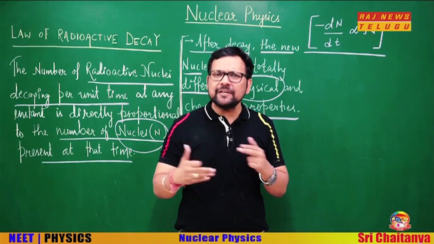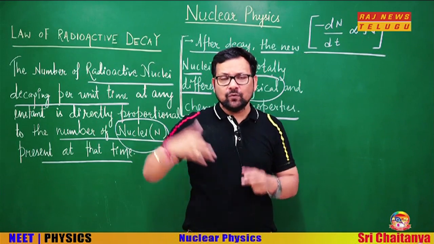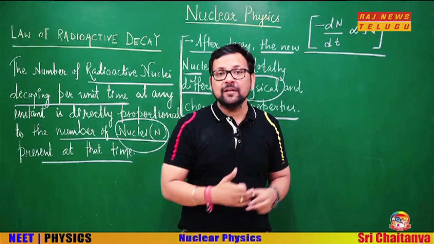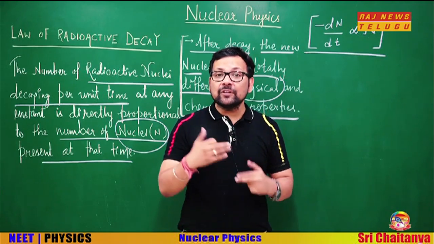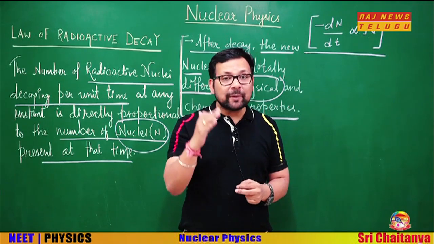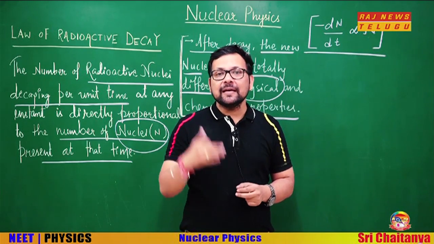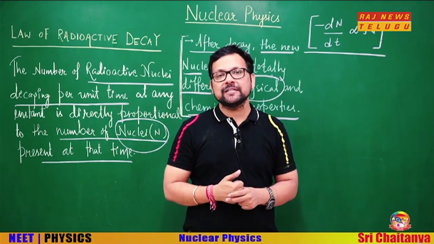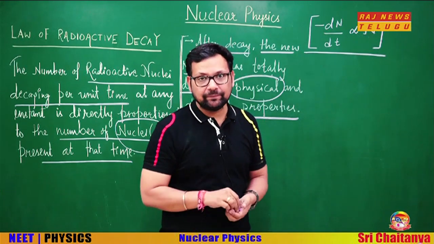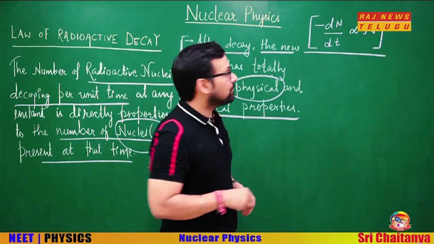That's why the stability is also differing: one is unstable, one is stable. If the same properties were there, then stability would also be the same. So do remember the daughter nuclei has a different set of physical and chemical properties compared to the parent nuclei.